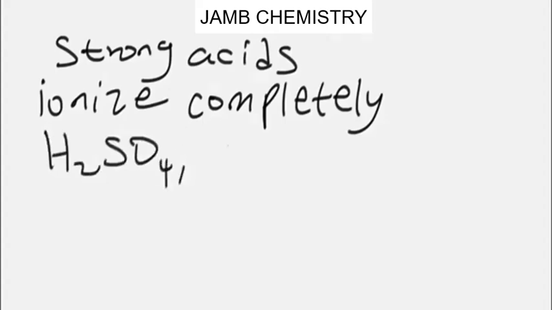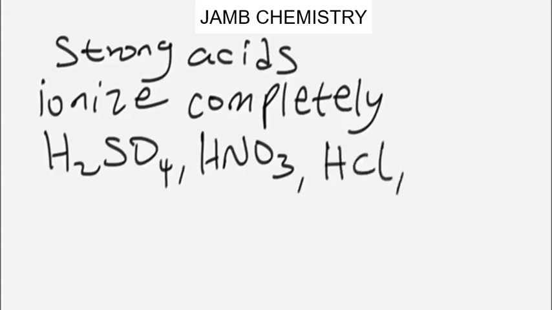Another example is nitric acid, that's trioxonitrate 5 acid. Another example is hydrochloric acid. These are basic examples of strong acids in chemistry that you have to know about. These acids ionize completely in water.